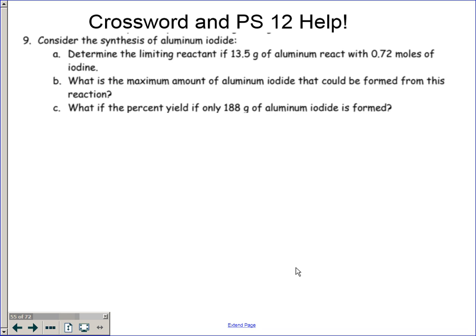Is number 21 angry? That was my first. That was the first one.